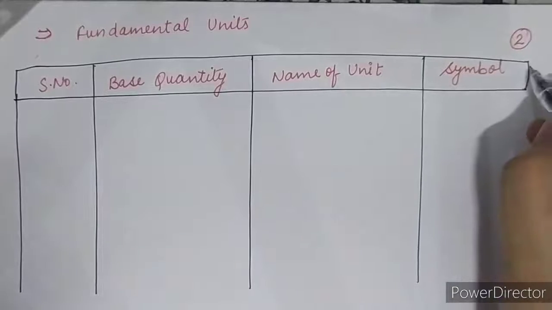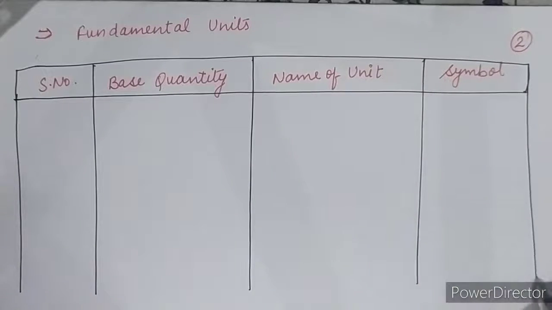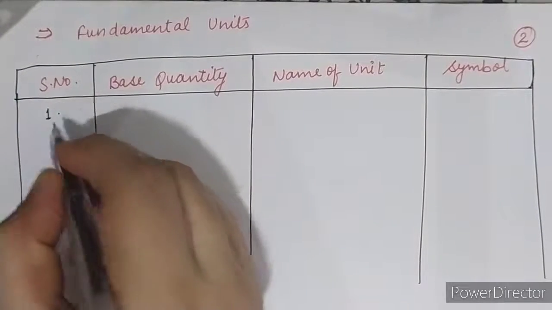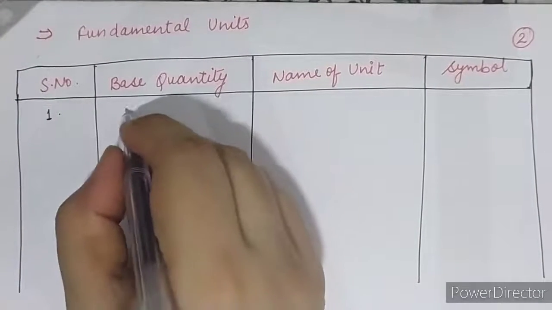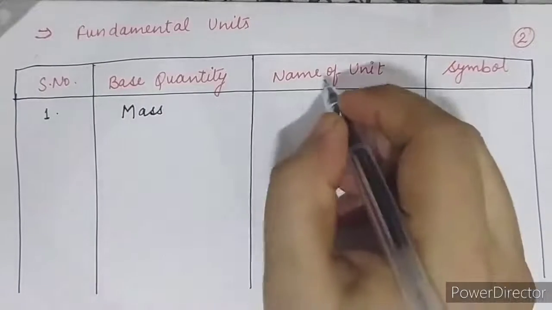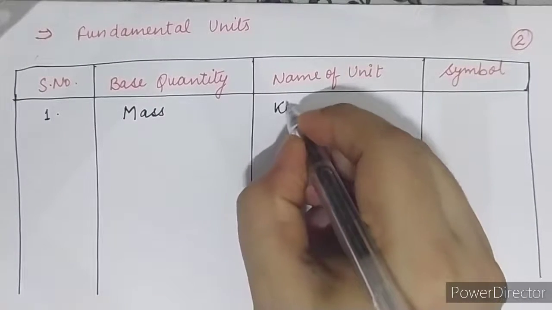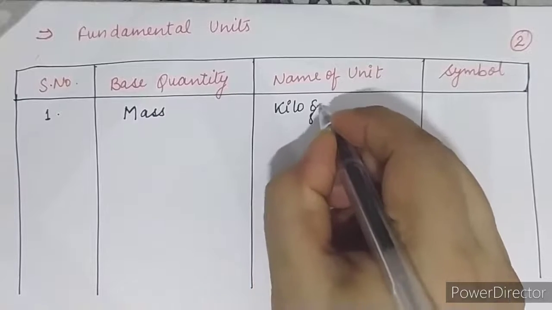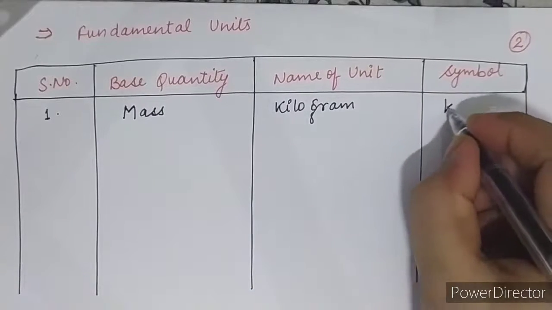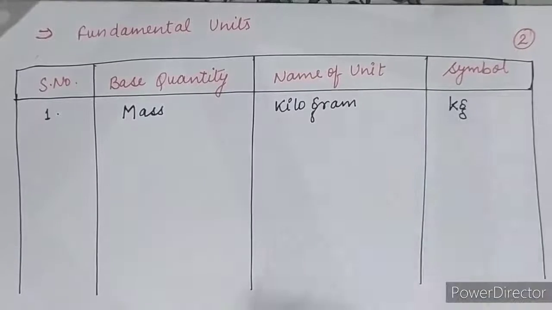First one is the base quantity which I am taking: mass. You know the unit of mass is kilogram, and the symbol of kilogram is small k small g.